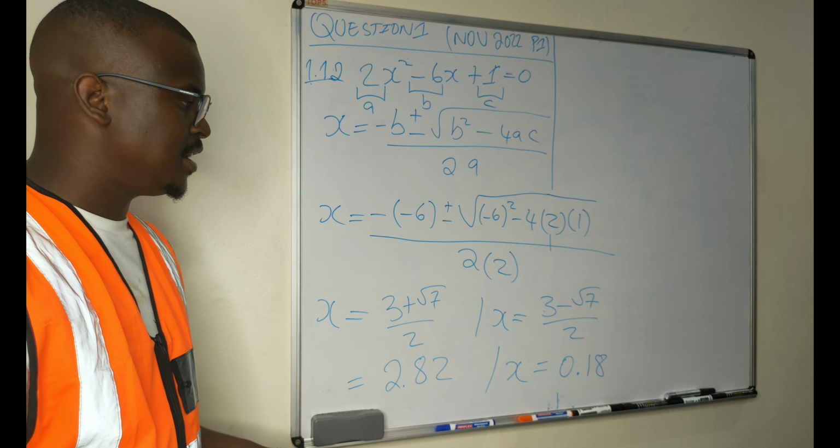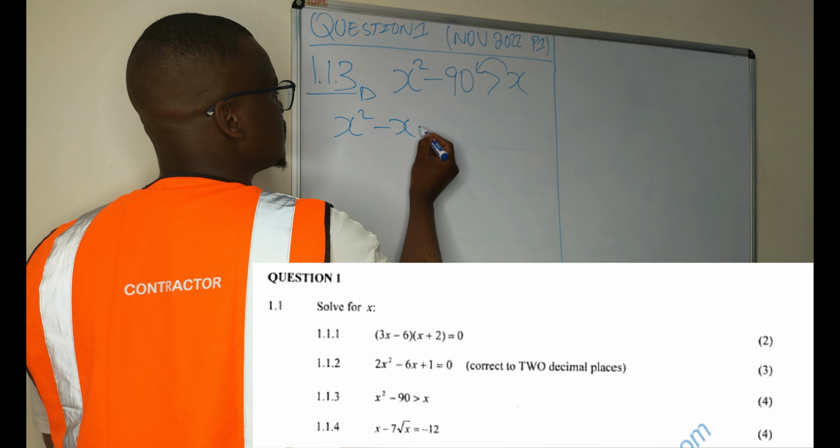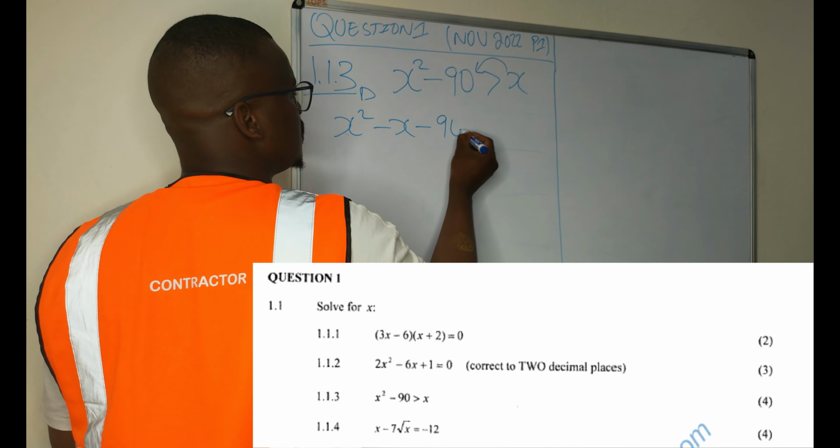So this is an inequality, right? Inequality equation. So first thing you do, transpose this to the side. So you have x squared minus x minus 90 greater than 0, right?